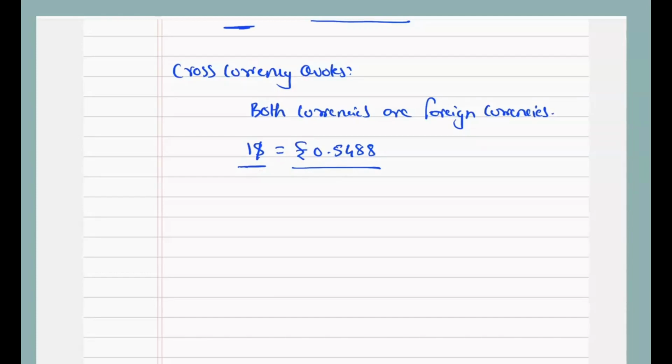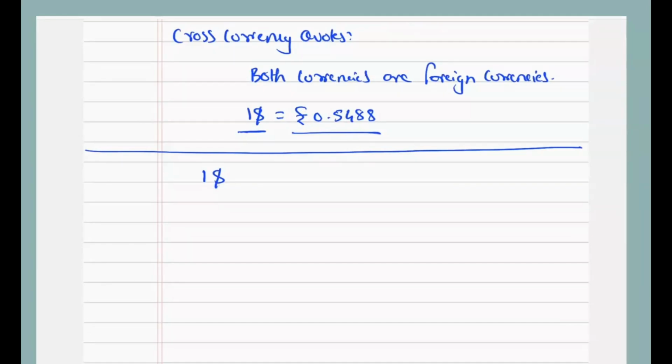Now when we come to the market, normally in the trading platform, you find that the quotes will be given in bid and ask rate. So the quote will be given in two ways. That is what we have to see now. Suppose the quote is given as $1 equal to rupees, assume, 40.10 and then rupees 40.15.